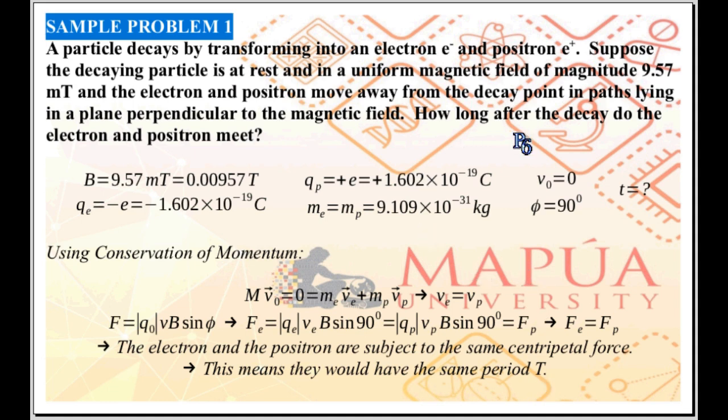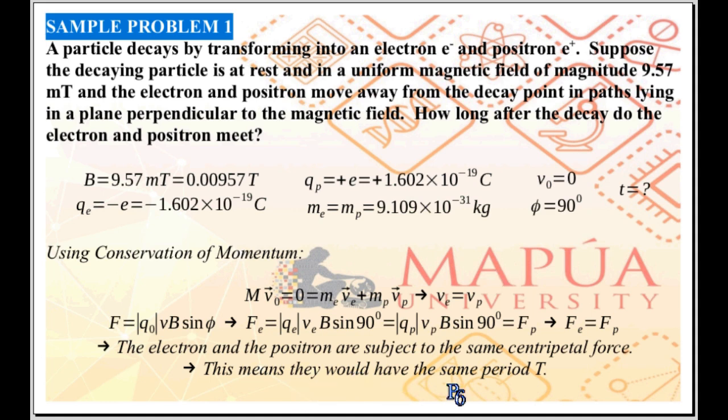Same circular path, same speed, same period. If the electron will take 10 seconds to make one circle, the positron moving in the opposite direction will take the same time to make one circle.